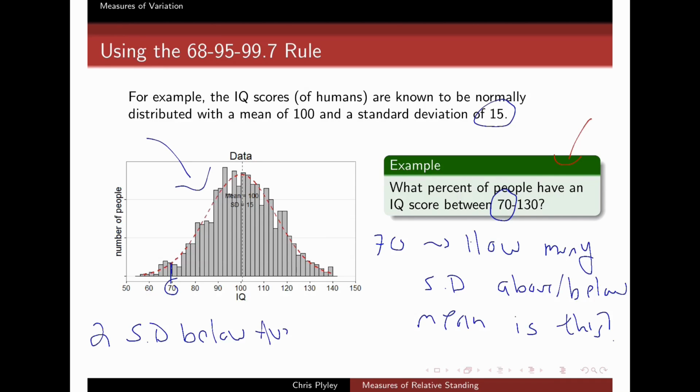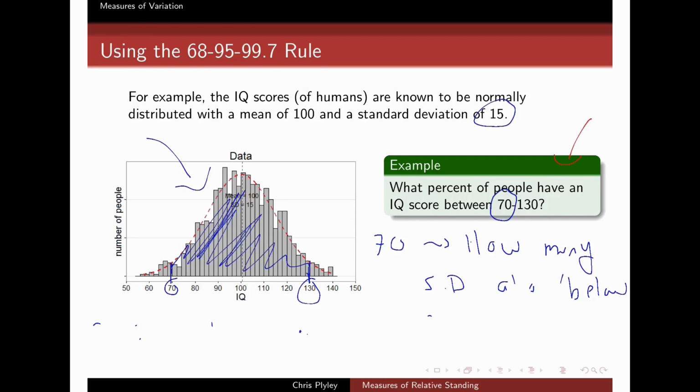70 is right here. And so what this means is that the number 70 is exactly 2 standard deviations below average. And similarly, if I look at 130, the same calculation will tell me that 130 is 2 standard deviations above average. So what does that mean?